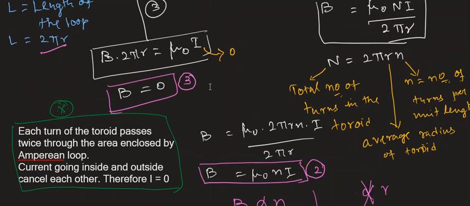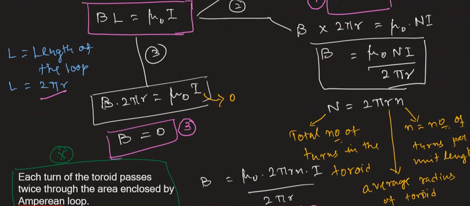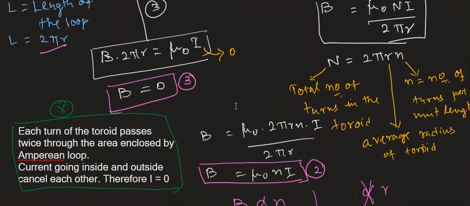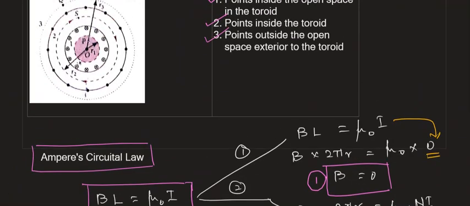Then let us come to the third part here. B into 2 pi r is equal to mu 0 into I, which is 0. The same logic: each turn of the toroid passes through twice the area enclosed by the Amperian loop. One is going inside, the dots are outside.